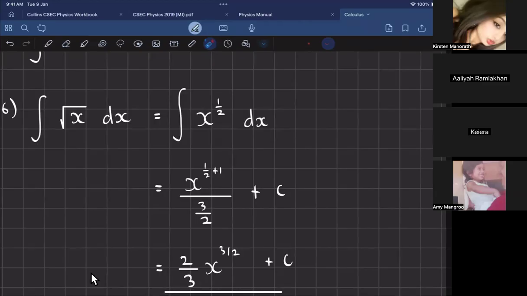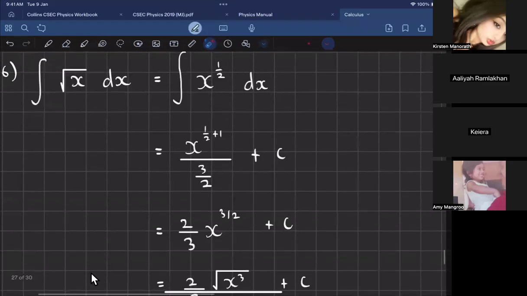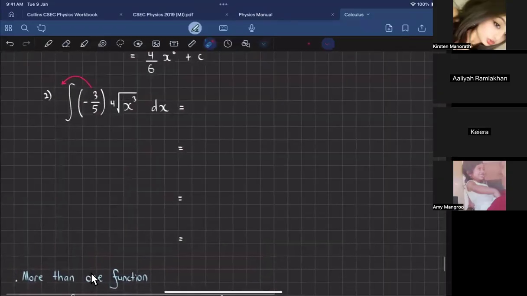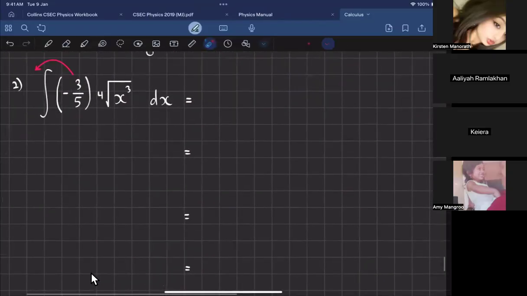If you divide by 2, it's the same thing as multiplying by a half. And if I divide by a half, it's the same thing as multiplying by 2.